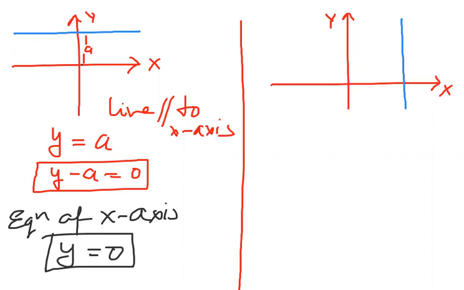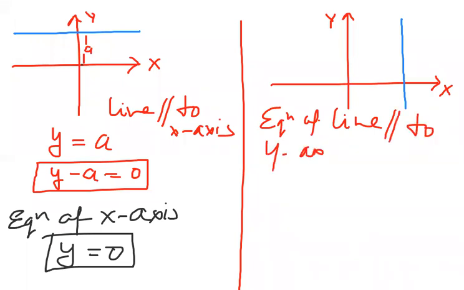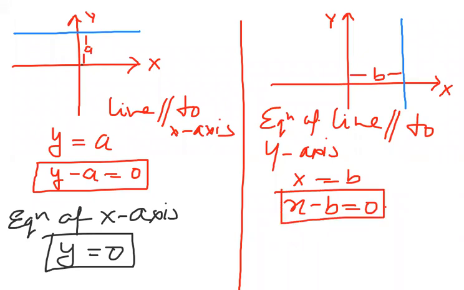Now in the same way, the equation of a line parallel to y-axis. Now we are thinking that this shift is b. So on x-axis the shift is b, that indicates x equals b or x minus b equals 0 is the equation of the line which is parallel to y-axis.